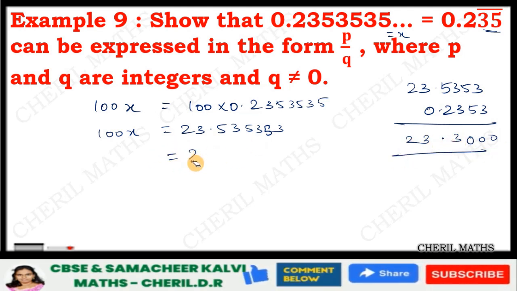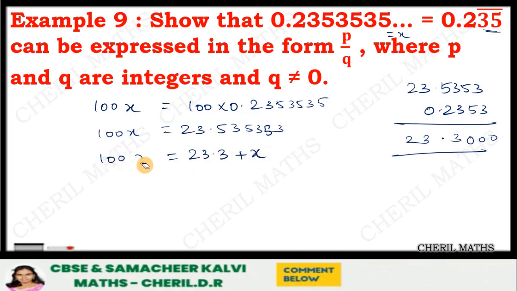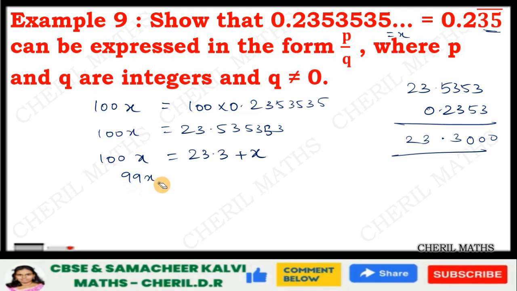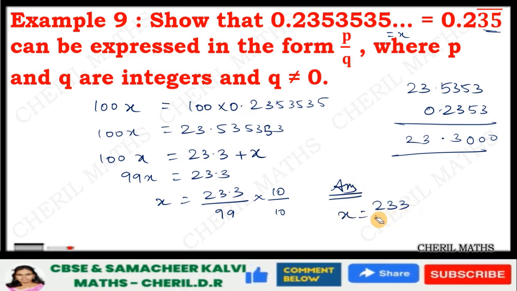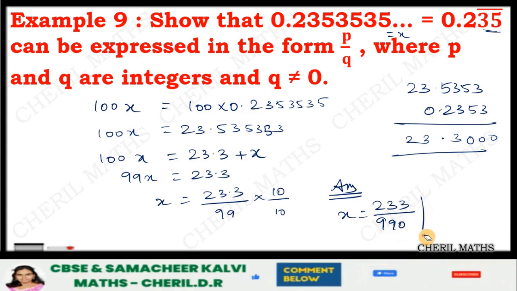Okay, so you got it to be 23.3 plus x. Then it became 99x is equal to 23.3. Your x is 23.3 by 99. To convert it to integers, multiply and divide by 10. So your answer is x is equal to 233 by 990.